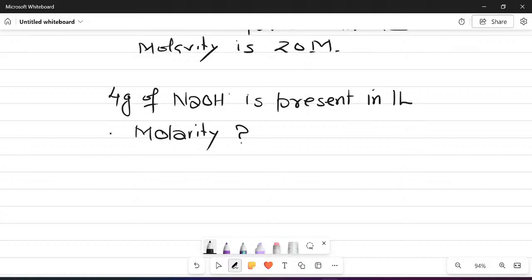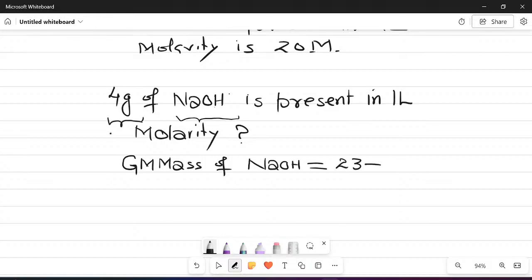In this situation you have to convert 4 gram of NaOH into number of moles. To convert grams or amount into moles, we must know the gram molecular mass of that respective compound. So gram molecular mass of NaOH, how much? Sodium is 23, oxygen is 16, and hydrogen is 1. So this comes out to be 40 gram.